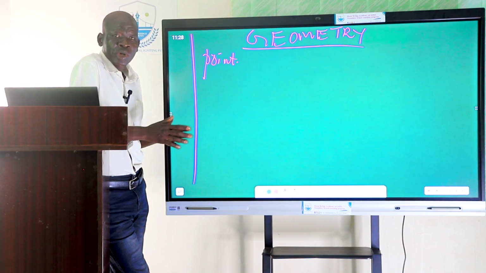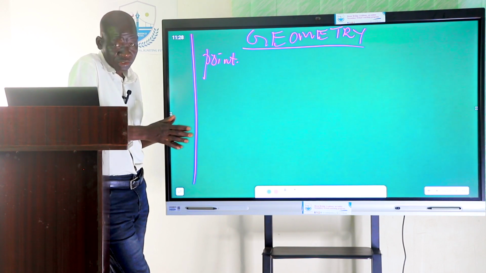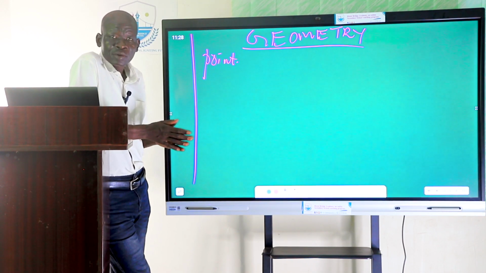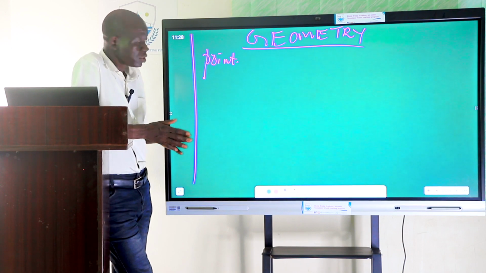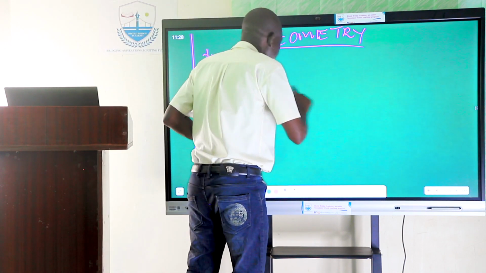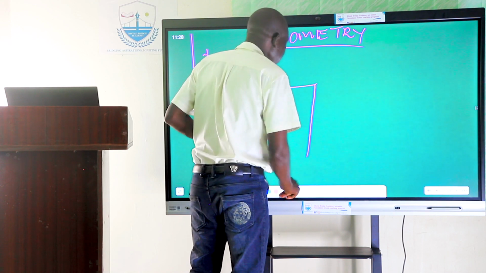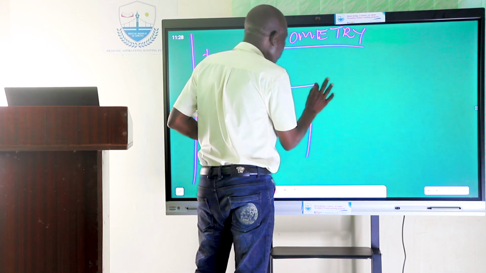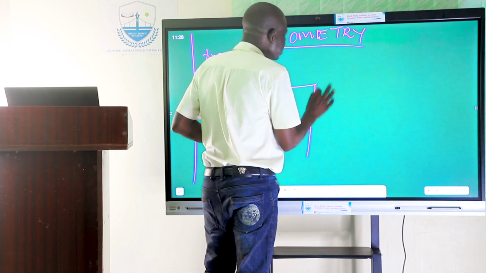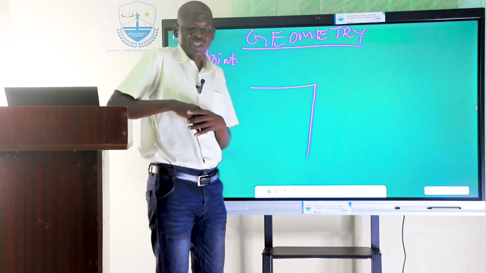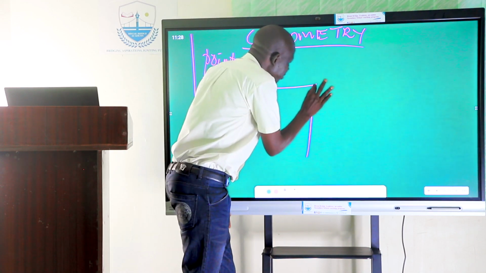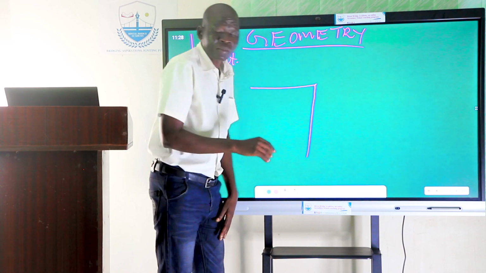Or where two lines meet, they meet at a place called a point. When I draw a line, then I draw another line here. The intersection of those lines meet at a place called a point. So here we can locate where the point is.